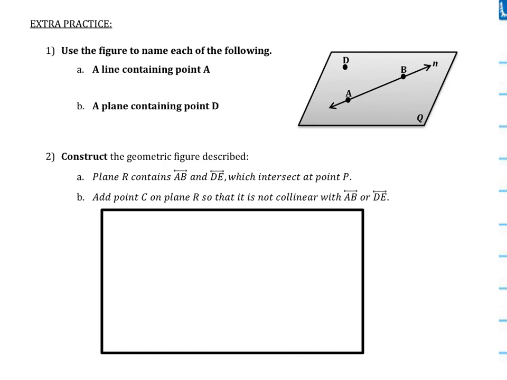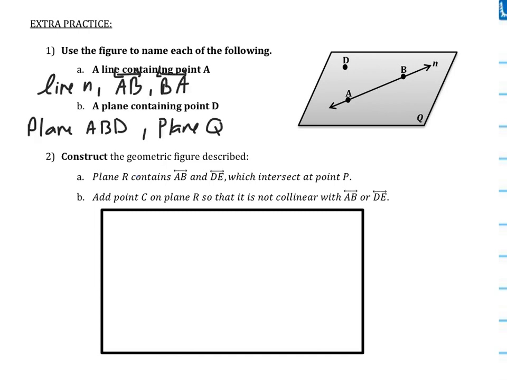And yours might be slightly different. So that line containing point A could be named in 3 different ways, line N, or we could use AB or BA with the notation. A plane containing point D could be named in a couple of different ways, plane ABD, and those letters could be in any order, or plane Q.